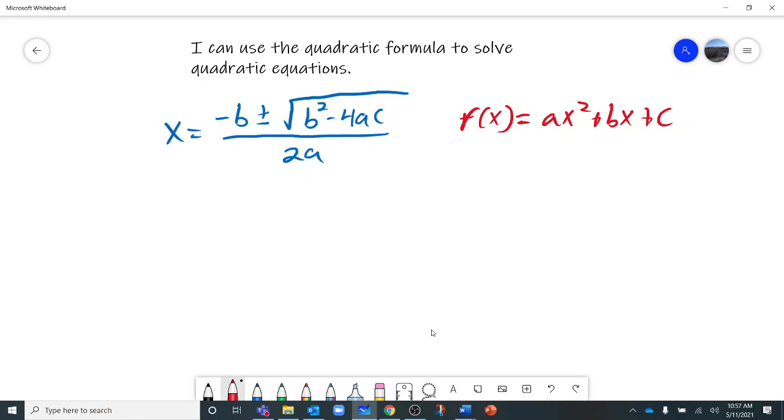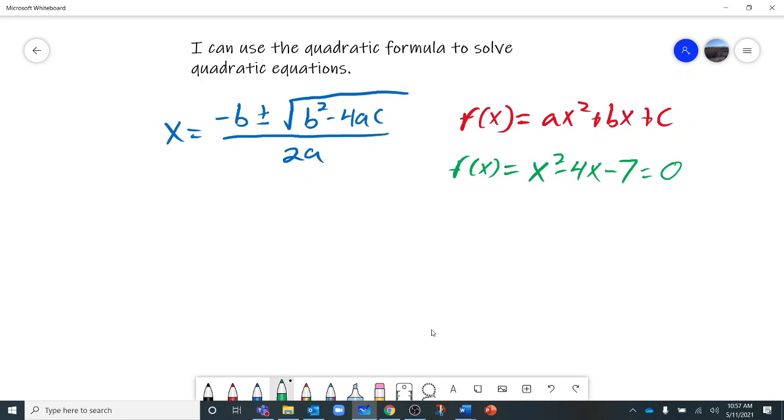So let's say we have this one. Here's our example. f of x equals x squared minus 4x minus 7, and that's going to equal 0.